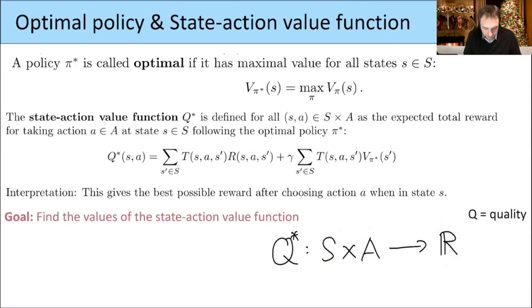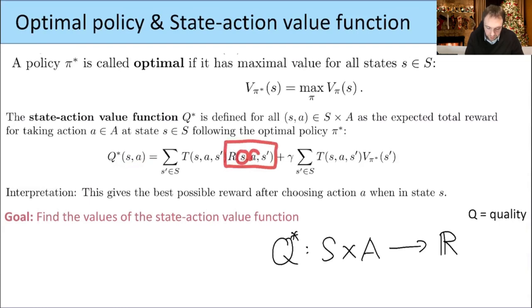This number tells us the expected total reward we get when we are in state S and we choose action A using the optimal policy. If we are in some state S and choose action A, then the reward we get at the immediate step is this one here.